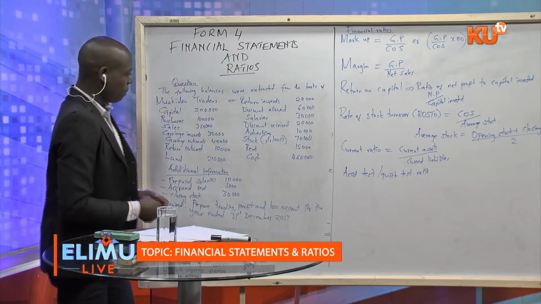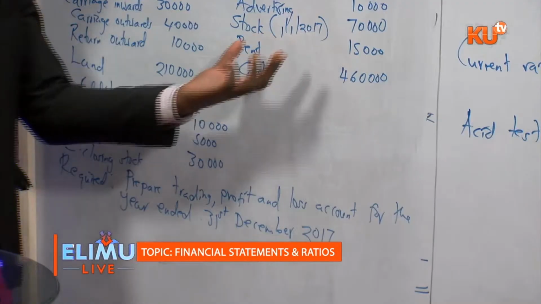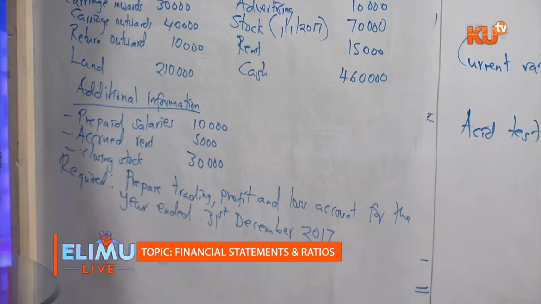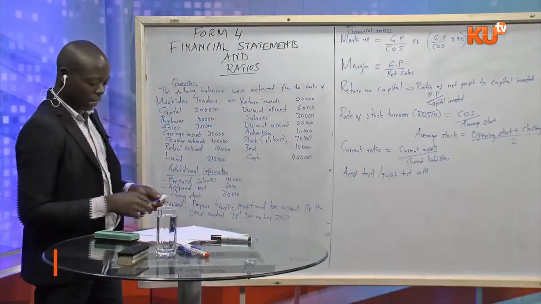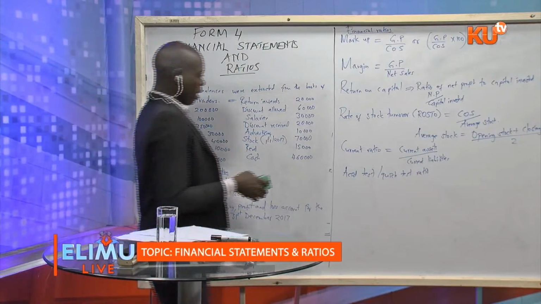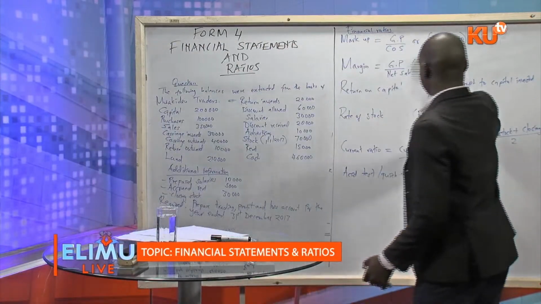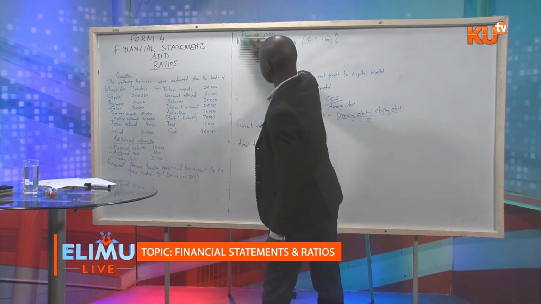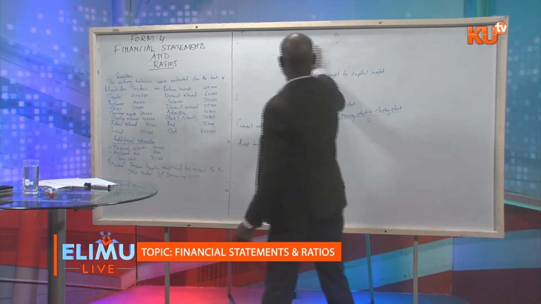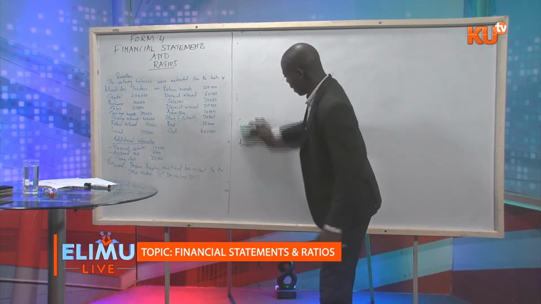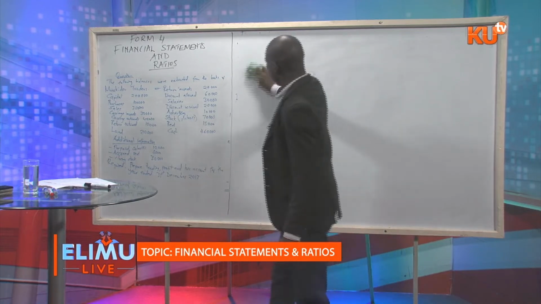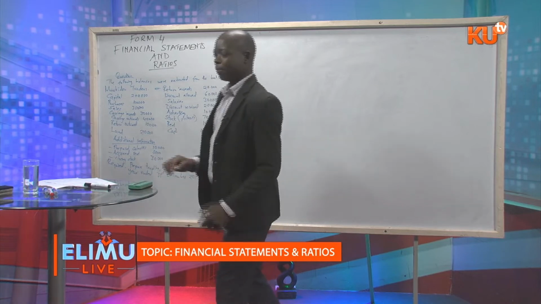So this is a 1 year period from 1st January to 31st December 2017. That is the question that we have. But once we have prepared the statements, we are going to also see how we can calculate the ratios. I want to explain something small concerning these entries that we've made here. These balances have been indicated as balances for Mwakideu traders.